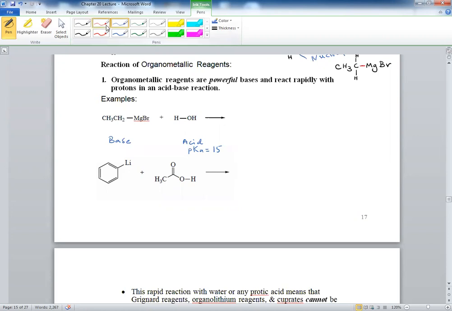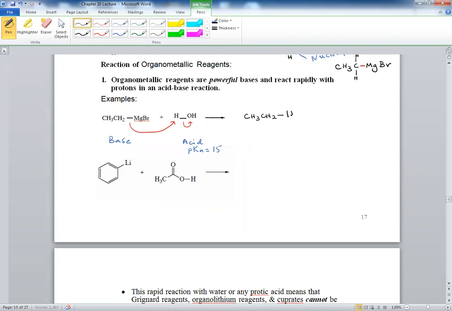So here's how the reaction is going to take place. This is going to attack the proton, and of course the electrons are going to go back to the oxygen. Then the product would become CH3CH2, and watch what I'm going to do.